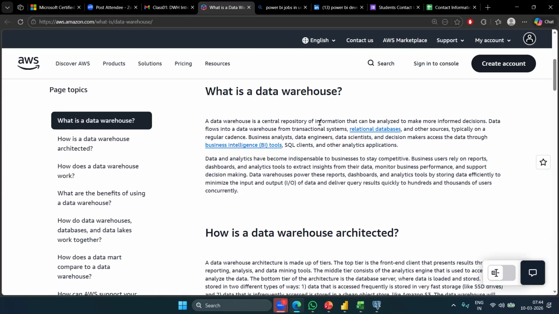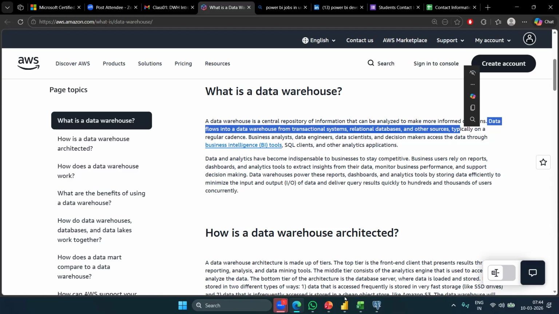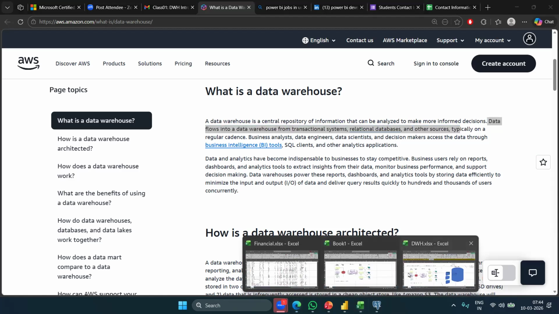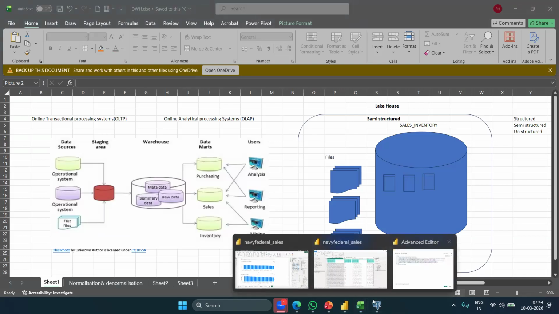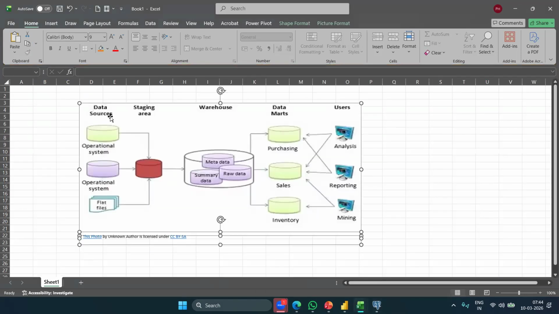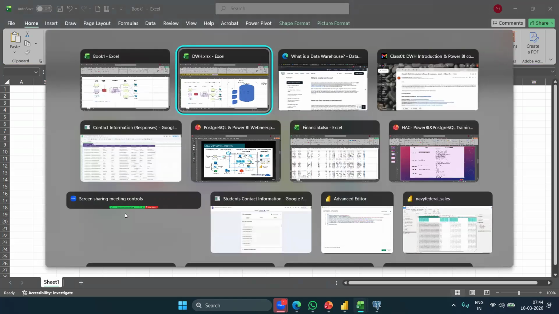A data warehouse is a central repository of information that can be analyzed to make informed decisions. Data flows into the data warehouse from transactional systems, relational databases, and other sources. If you see this particular image, different other source systems, all those things.